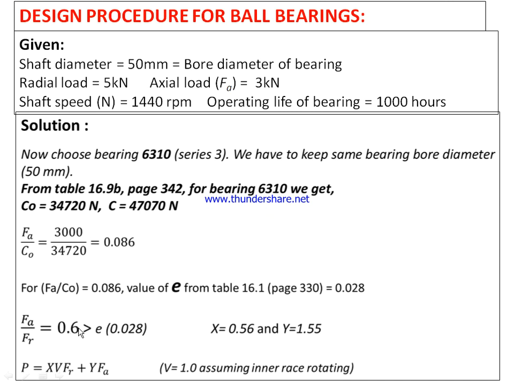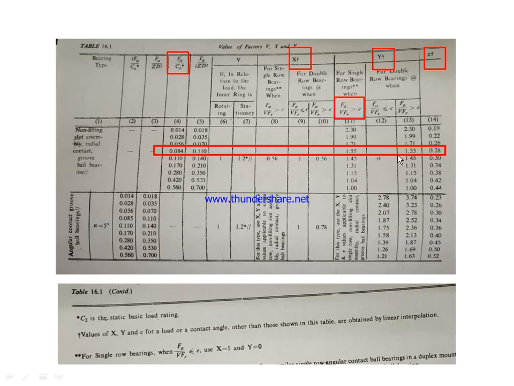Again 0.6 is greater than this value of E, 0.28, and hence the value of X for FA by FR greater than E is 0.56, and Y for FA by FR greater than E from the tables is 1.55.